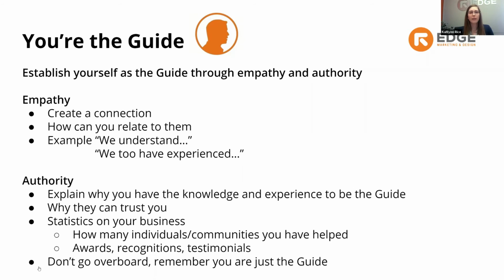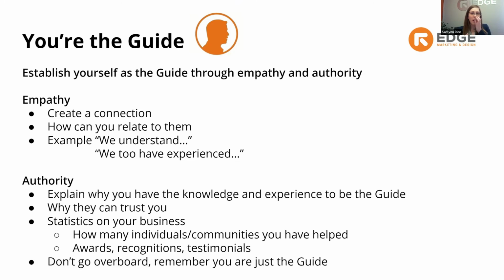So by identifying yourself as the guide, we want to create empathy and authority. With empathy, we again want to create a connection with the customer, so how you can relate to them. Usually with the empathy point, you want to do it through statements such as "we understand" or "we too have experienced."